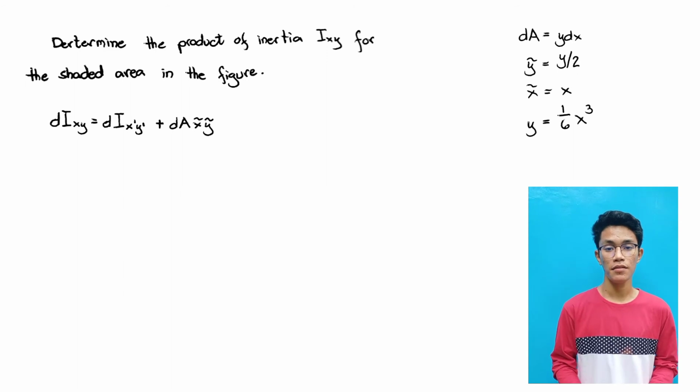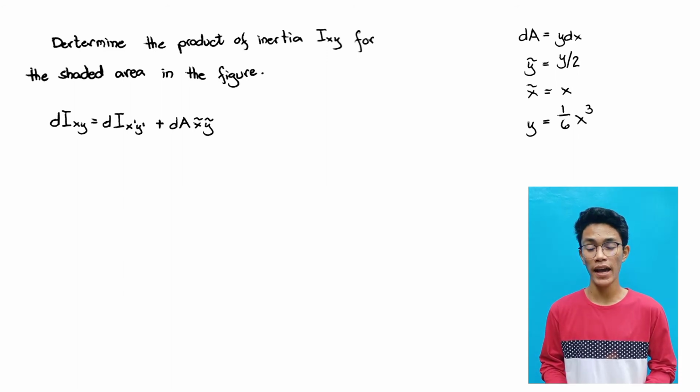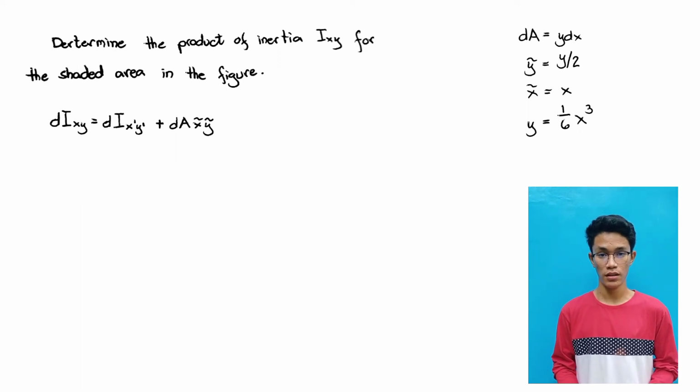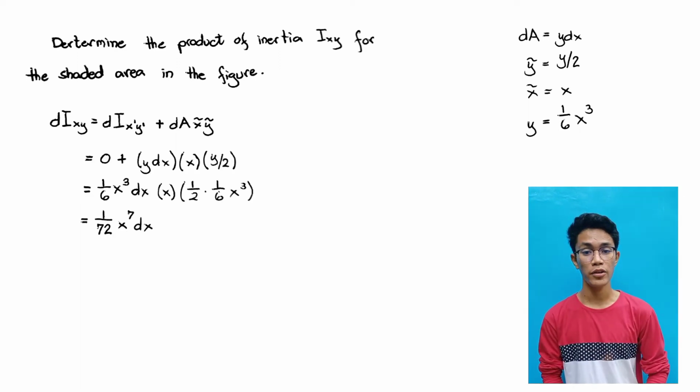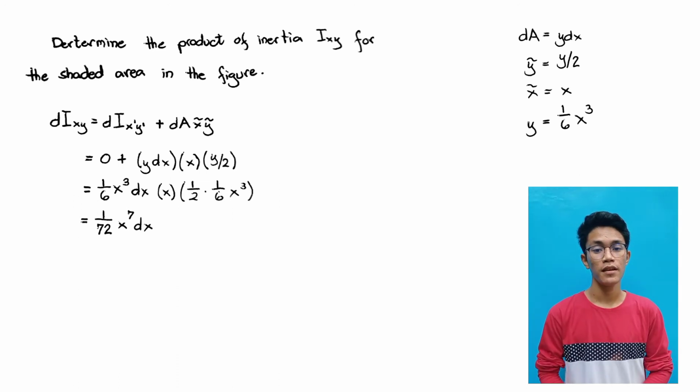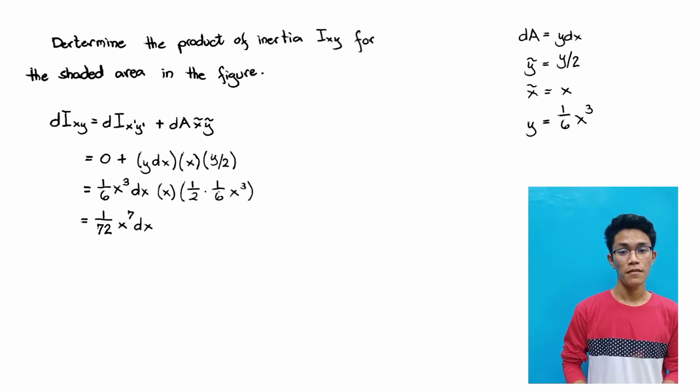From that, the dI with respect to x' and y' is equal to 0 due to symmetry. So, the dI with respect to x and y is equal to 0 plus dA x curly y curly.